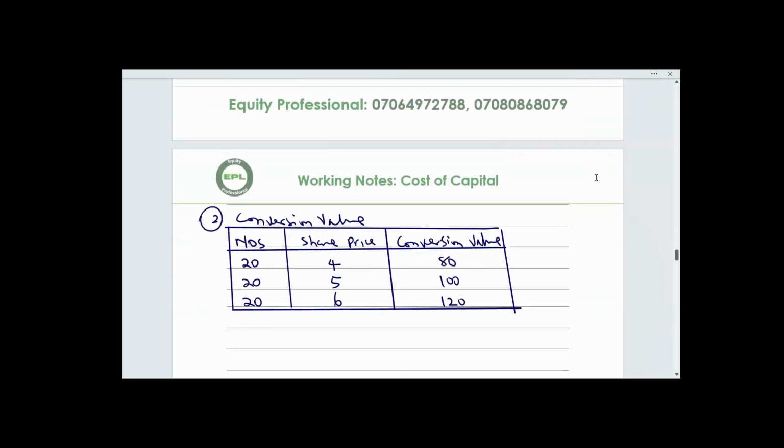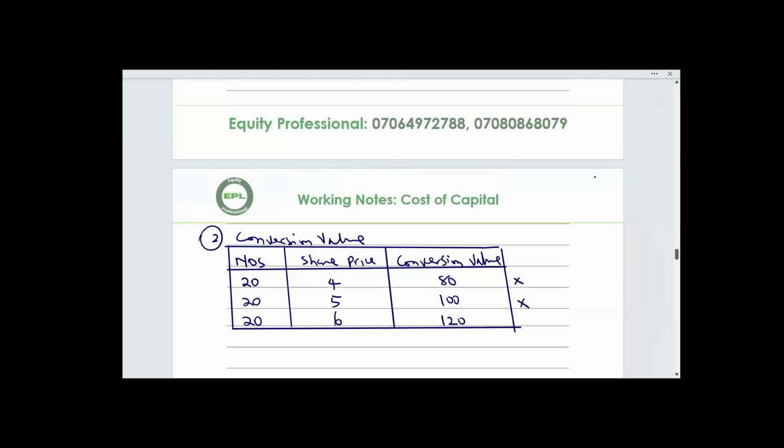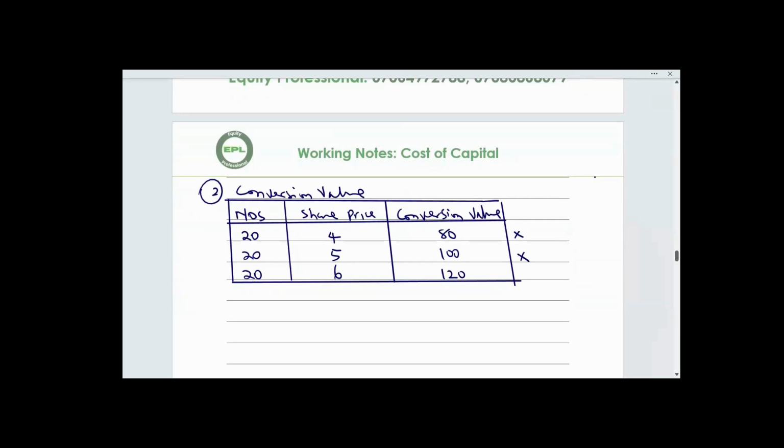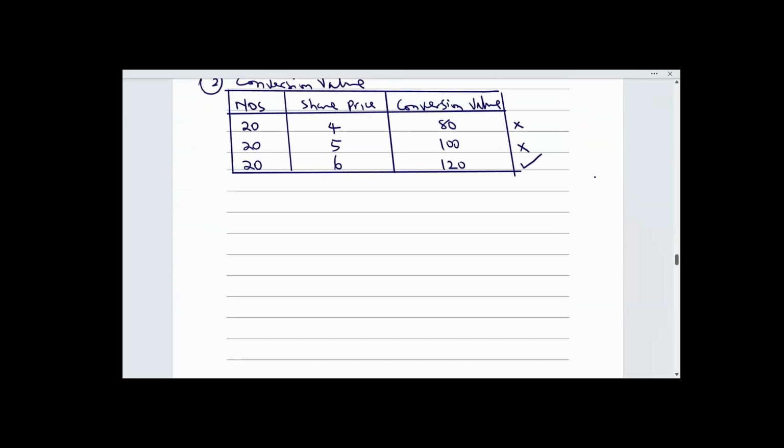Therefore, the investor should not convert at 4 naira. At 5 naira, the conversion value is 100 naira, which is below 116. Again, the investor should not convert. At 6 naira, the conversion value is 120 naira, which is higher than 116 naira. Hence, the investor should convert. So let's advise.